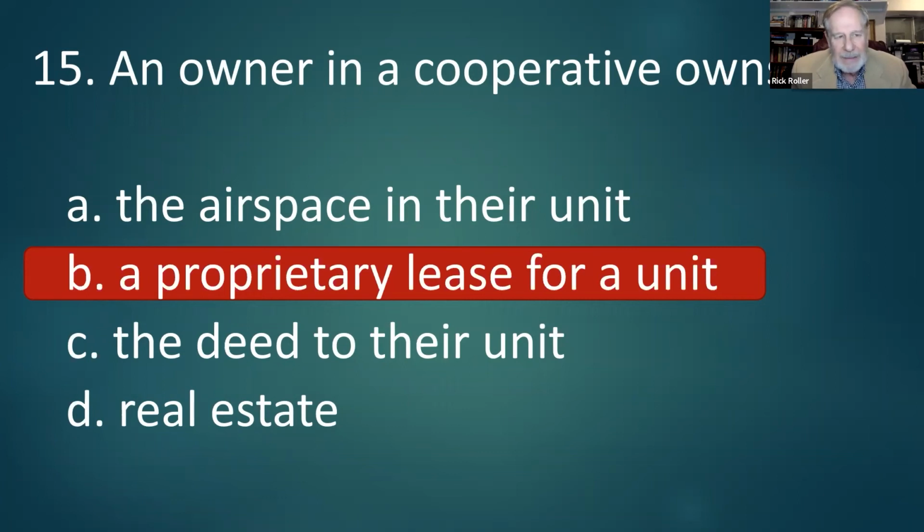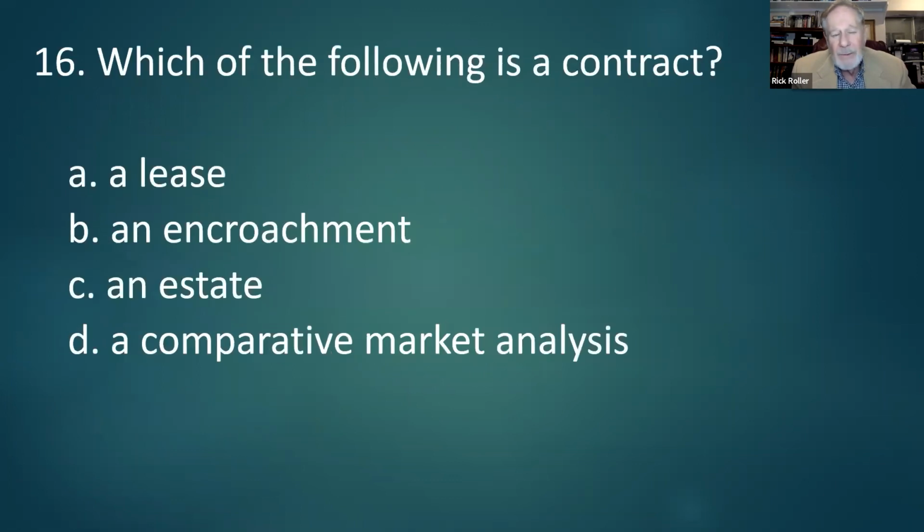Okay, look at number 16, please. Which of the following is a contract? Okay, well, this should be simple. It's definitely A. That is the correct answer. But an encroachment is where you built something on your neighbor's property, or you put the fence on your property, or whatever. That's not a contract.